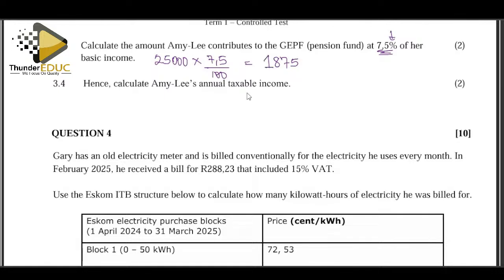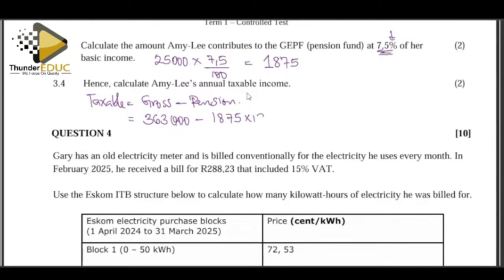Okay, hence calculate Amelie's annual taxable income. Remember, when we are to look for taxable income, what do we do? We take the gross minus pension. So here in this case, our gross we already got as 363,000 minus the pension, which is 1,875.